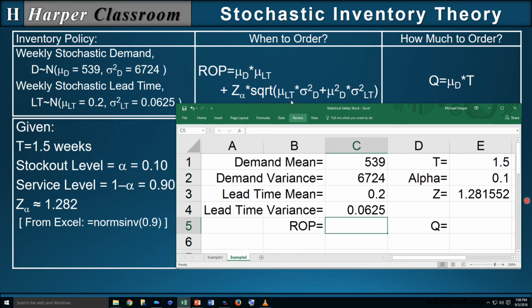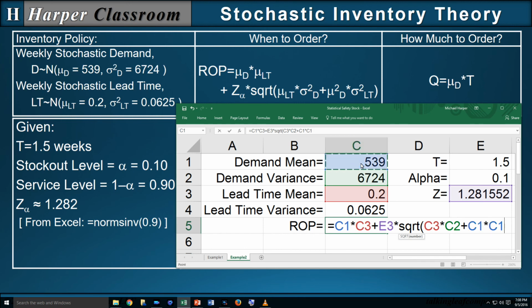Now, ROP. ROP is given up here in the equation, which is equal to the product of the means, 539 times 0.2, plus our Z value, times the square root of our mean of our lead time, times the variance of our demand, plus the mean of our demand squared times the variance of our lead time.